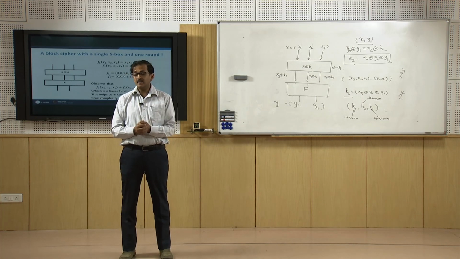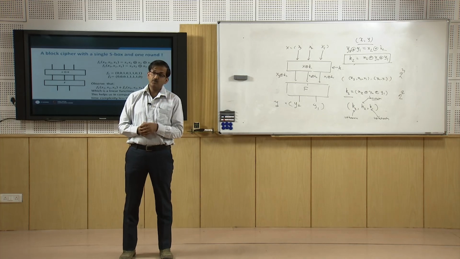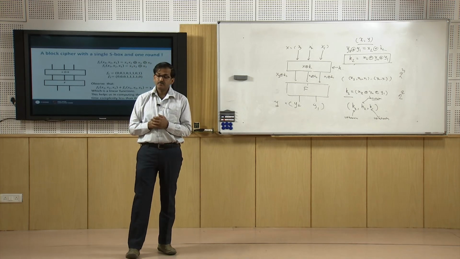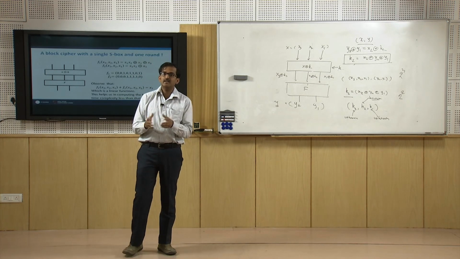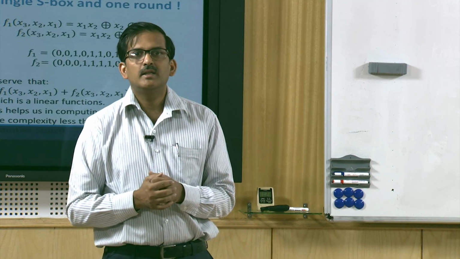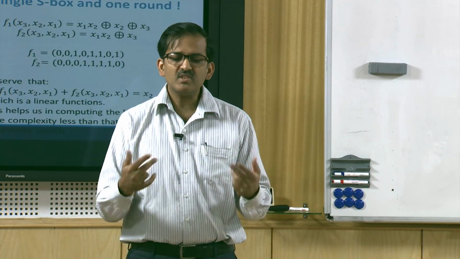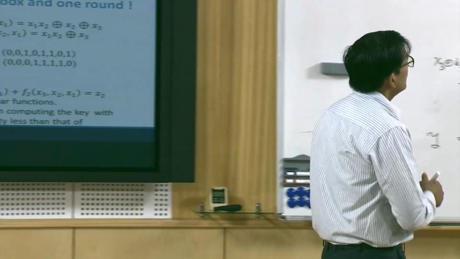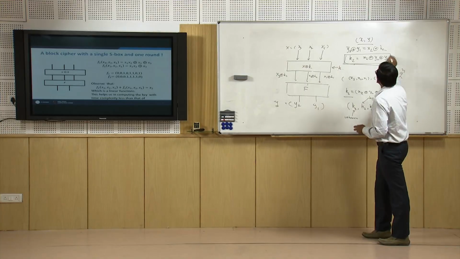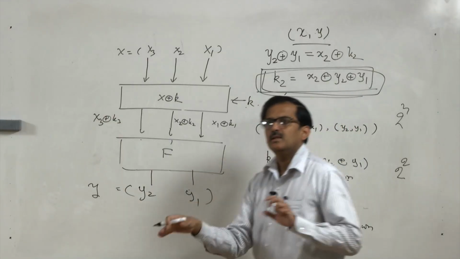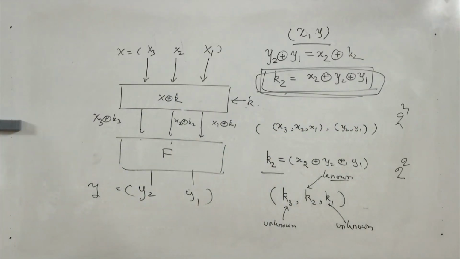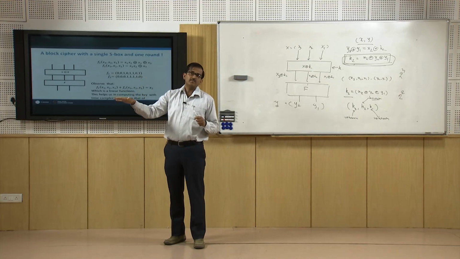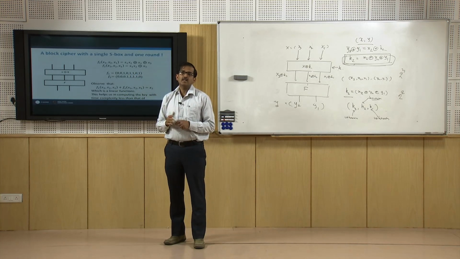Now, one may say, okay, fine, it may not become linear, then what happens? Even if it is close to linear, that is, its Hamming distance is close to linear, then if we take many pairs, the probability that a linear equation like this will be satisfied between some of the unknown key bits and the bits of the plaintext and ciphertext becomes high.